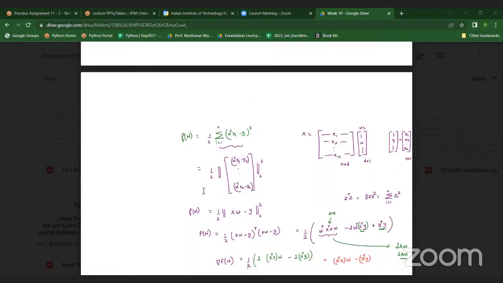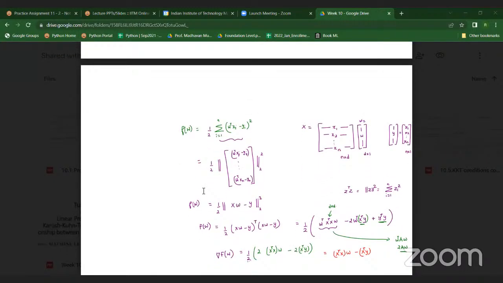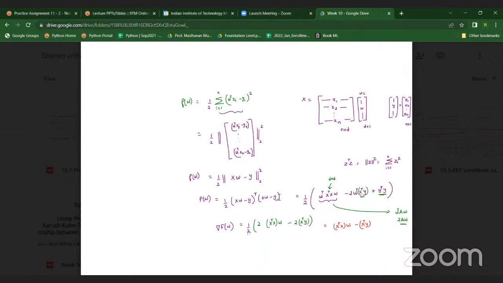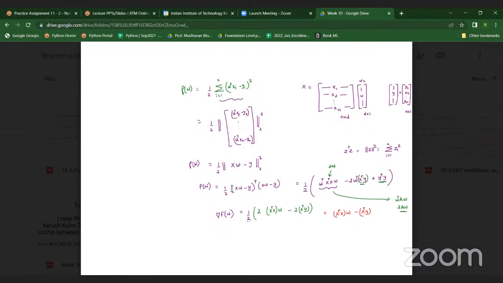We have f of w equal to the sum of the squared errors, and we could represent it in this form. If you take w transpose xi minus yi as a vector, the sum of its squares is nothing but the squared length of that vector. The length of any vector is x transpose x, so similarly f of w equals half of xw minus y transpose times xw minus y.